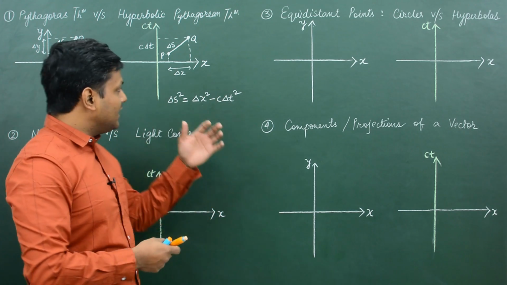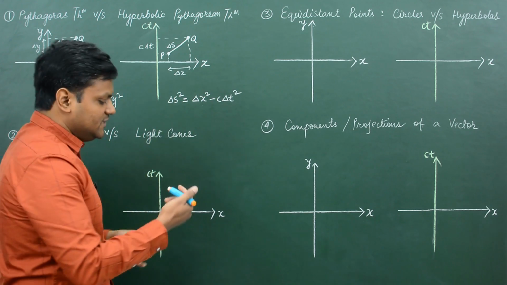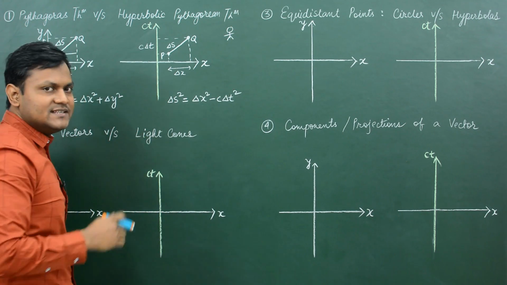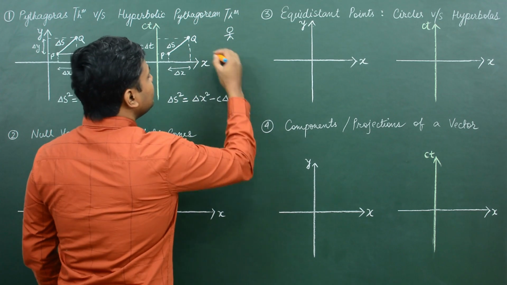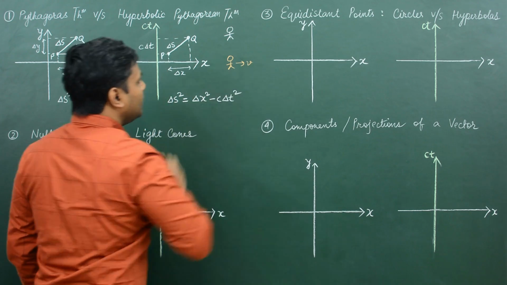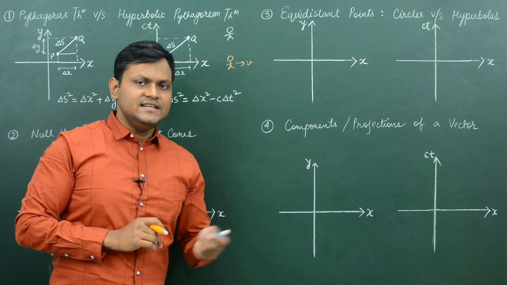How? Well, this x and ct axis is with respect to some observer, right? There is an observer, according to him, he has the axis x and ct, but it's also possible to have another observer who is in relative motion with respect to x and ct, and he may be traveling with a particular velocity and he may have axis x dash and ct dash.